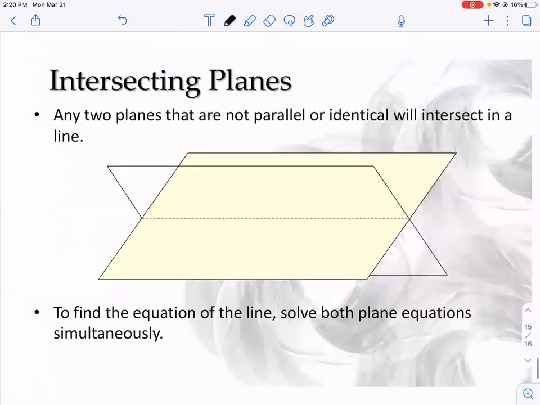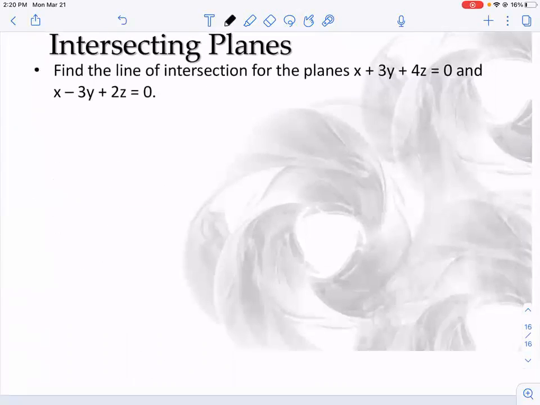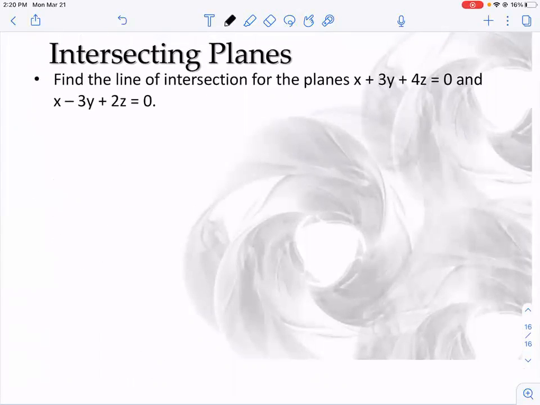Okay. So if two planes intersect, as long as they're not parallel planes, they're going to intersect in a line. So I want to find where these two planes intersect. So go ahead and write them down.